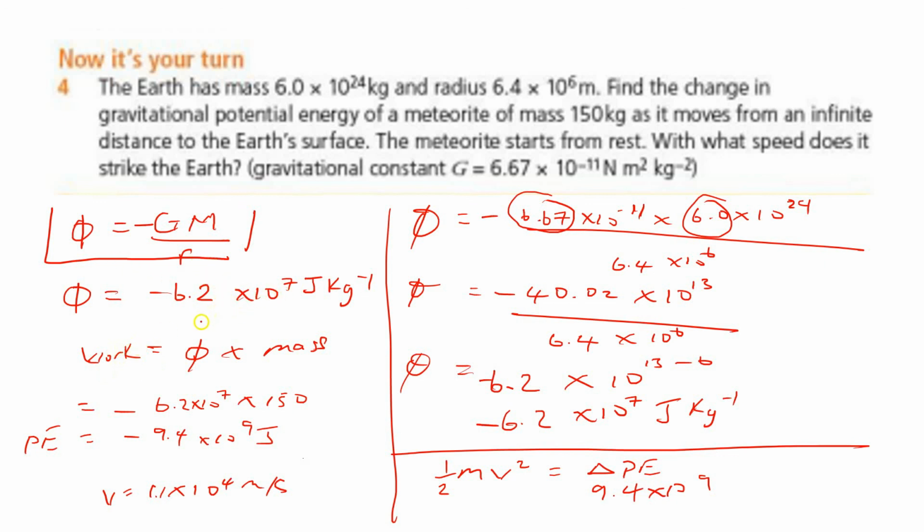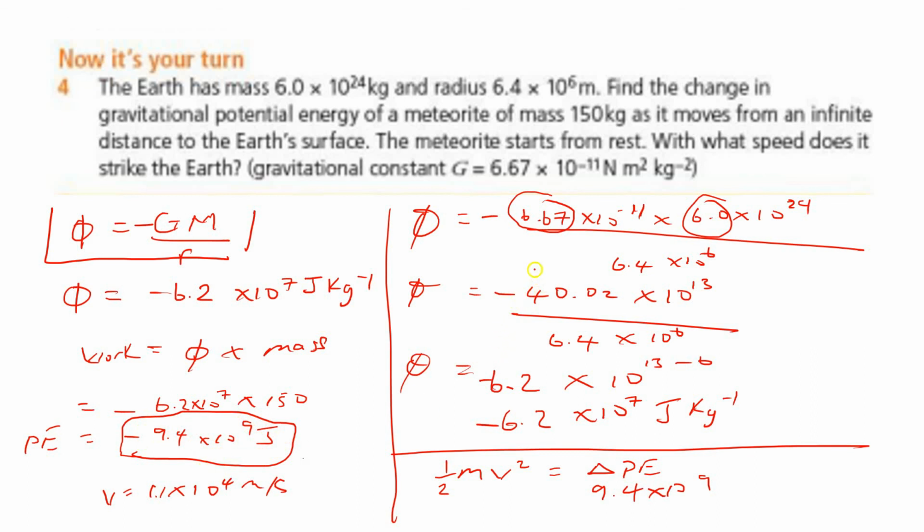So if I want to find the work, that work is the actual potential energy that the system has lost. This is the amount of potential energy that the object would have lost as it moved from one point to the next. It would have lost about 9.4 times 10 to the 9 joules of energy.